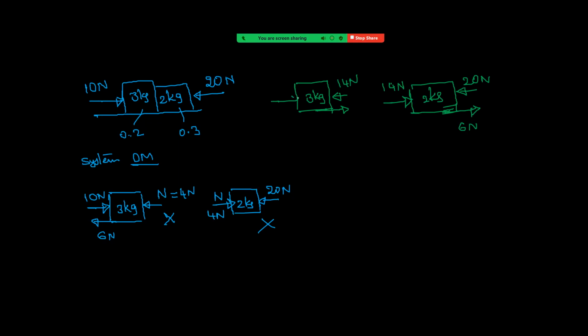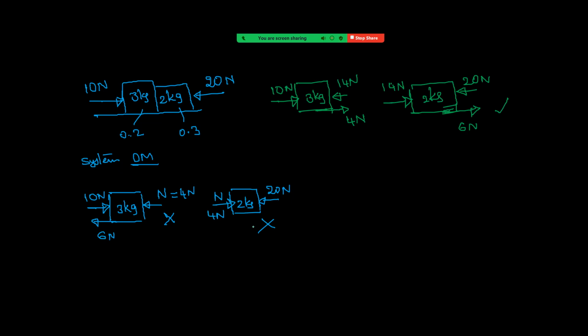We have one more, that is 10. This is 14, this is 10. So net value how much? Net value is 4, 4 left side. So friction is now self-adjusting. It is 4, which is less than the limiting value. This means this is correct. So when we are making a calculation, if the value comes out either equal to the limiting value or less than that, it is correct.